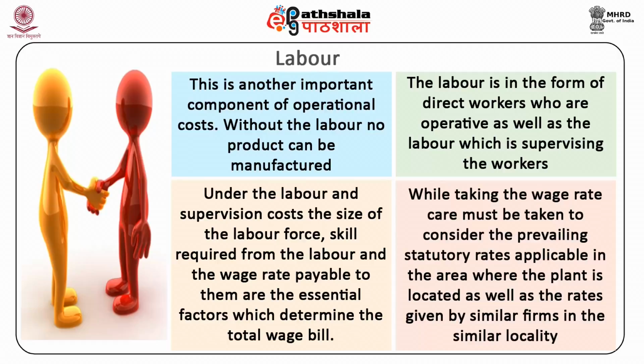While taking the wage rate, care must be taken to consider the prevailing statutory rates applicable in the area where the plant is located as well as the rates given by similar firms in the similar locality. Provision should also be made for allowances and contribution to various statutory funds.